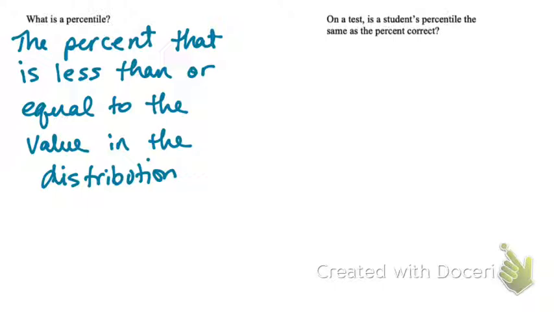You can get a 90 on a test and be at the 90th percentile. So they can be the same, but they're not always the same. A student's percentile is not the same as their percent score.